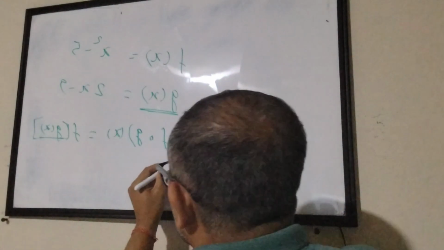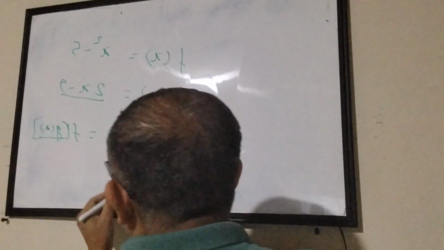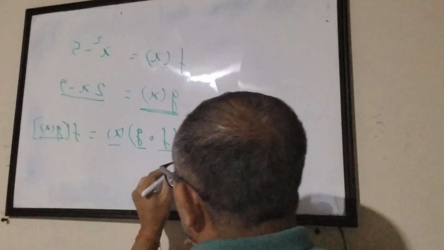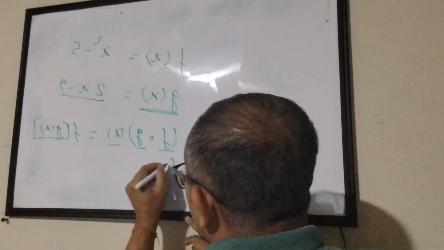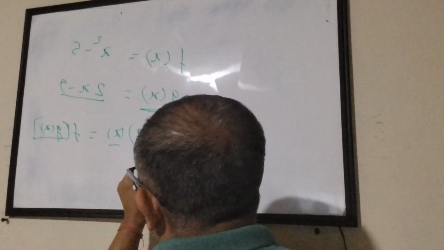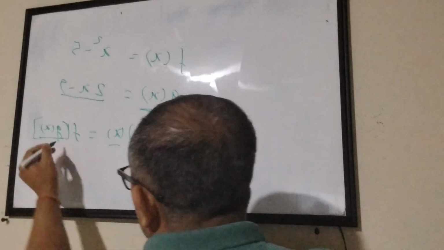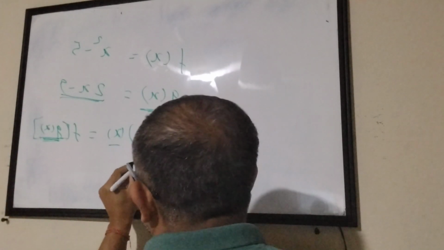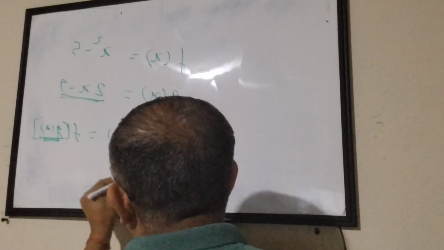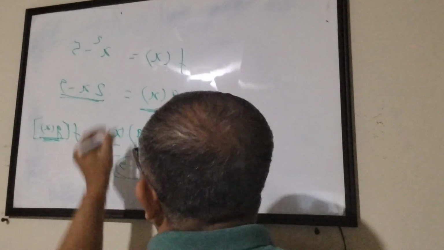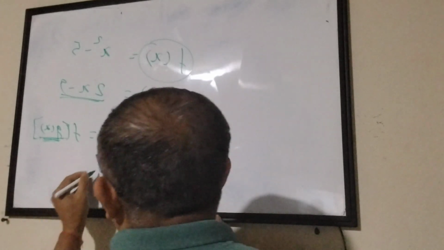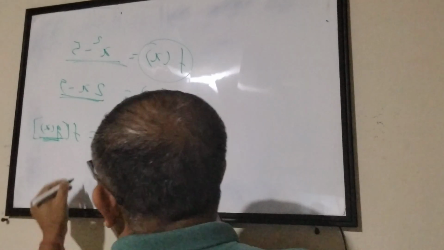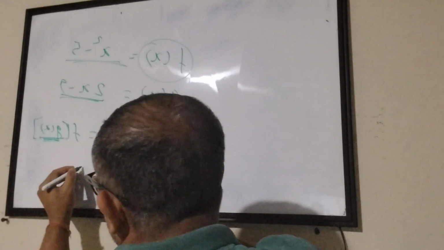So if I have to find f of g of x, I'll write f of g of x, and in place of g of x I will put this value, which makes it 2x minus 9. Now this is your new x. Wherever you have x in this parent equation, you will replace it with the value that you have inside the bracket.